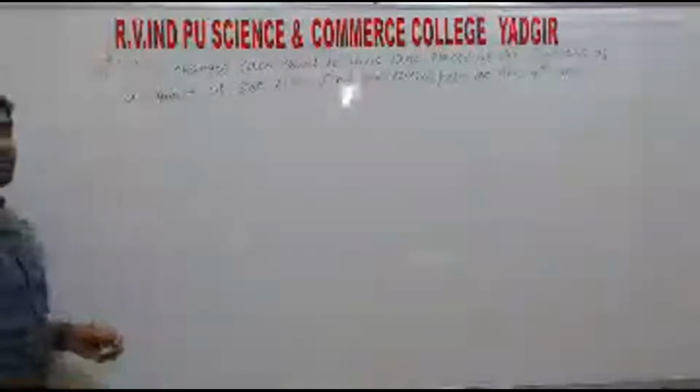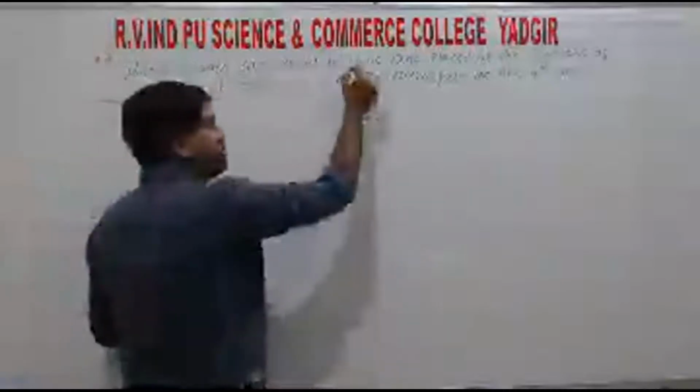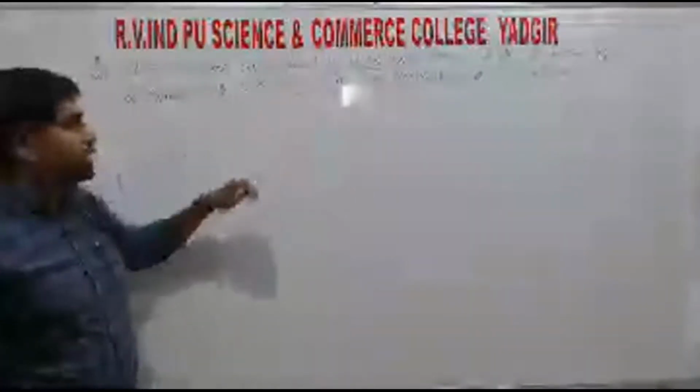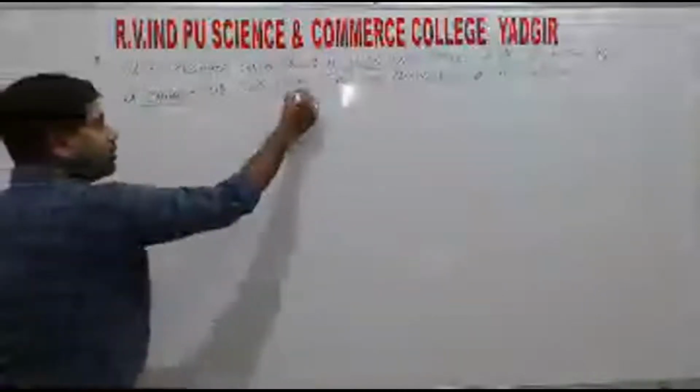Right? So this is also once asked in the examination. The given three charges have the same magnitude, that is 4 nanocoulomb. Those three charges are placed at the three corners of a square of side 2 centimeter.